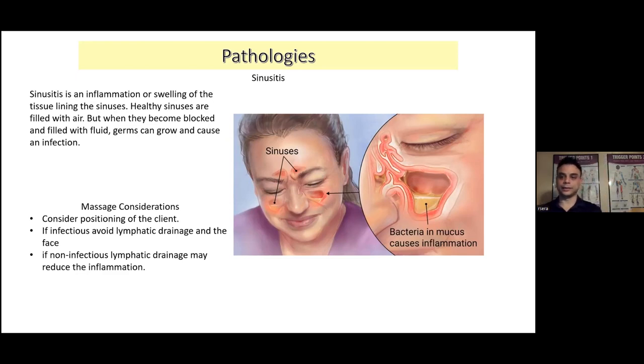Again, consider the positioning of the client, and if the sinusitis is infectious, then consider if they have discharge, and be extra sanitary. It also says to avoid lymphatic drainage. I believe I did see some studies that it might promote the spreading of the infection.